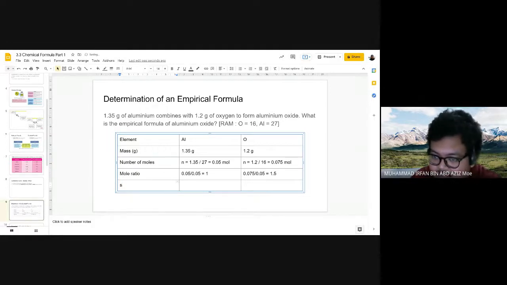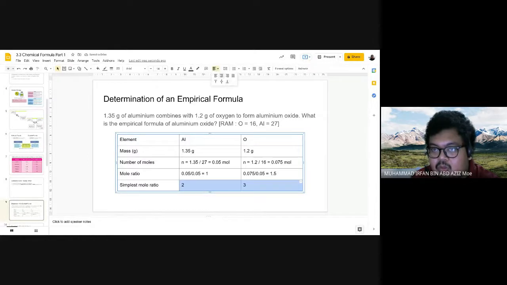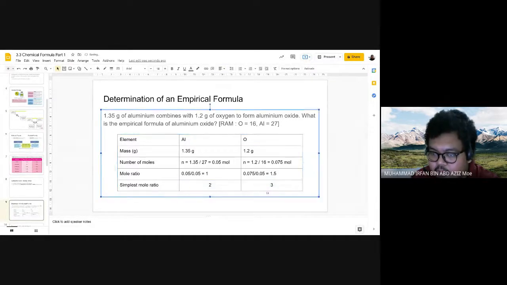This is already simple, 1 and 1.5, but we want it in whole number terms. So we multiply by 2. 1 times 2, we get 2. 1.5 times 2, we get 3. So this is the simplest mole ratio.